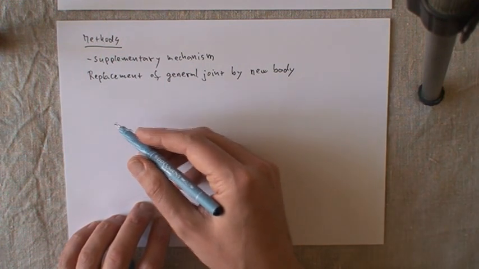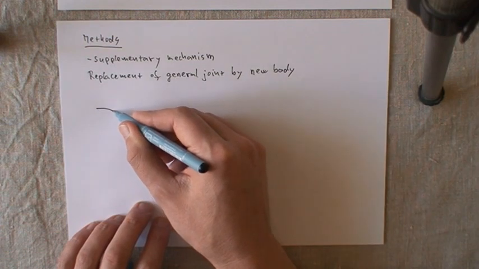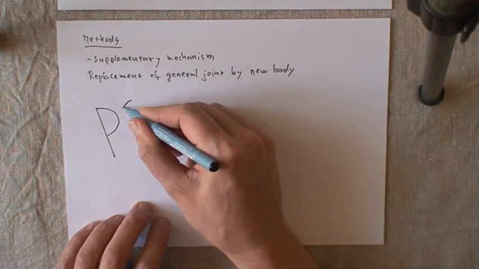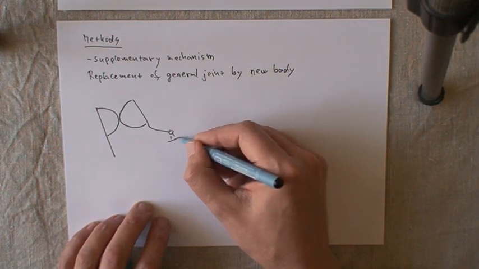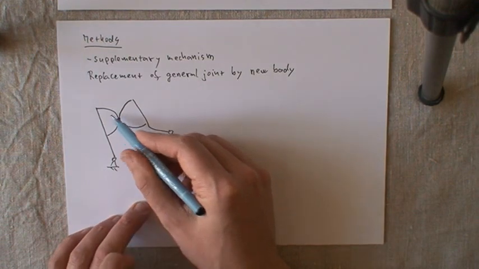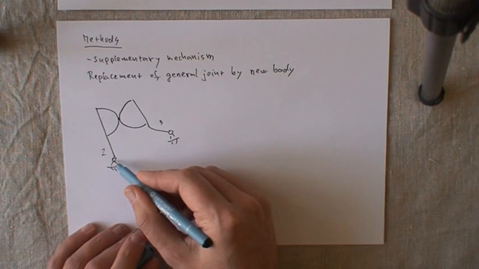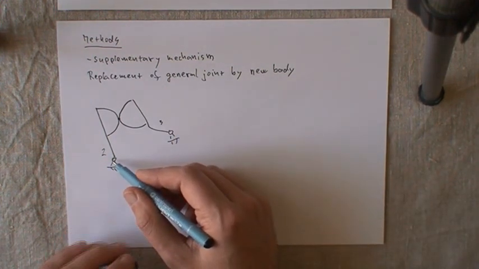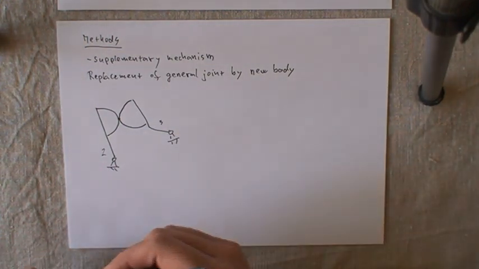Okay, and how this new body is connected with the previous bodies depends on how the general joint, general link, is actually made. So there are basically four categories. The first one is a curve on curve. This is body number 2, body number 3. These joints are not important. Whether this is rotation or translation doesn't really matter. What is important is that we have a curve on a curve.